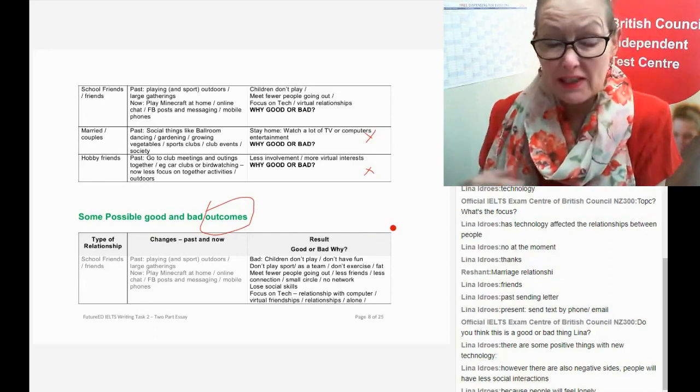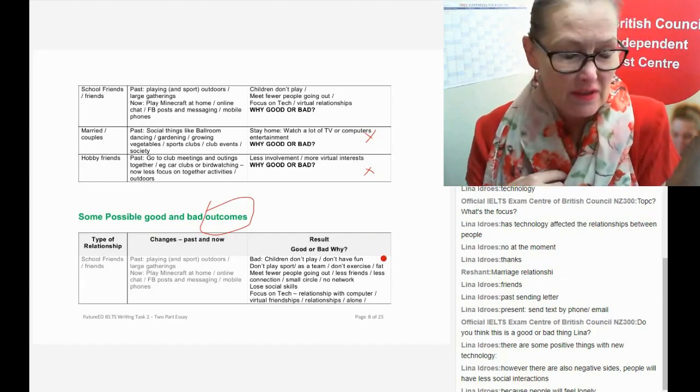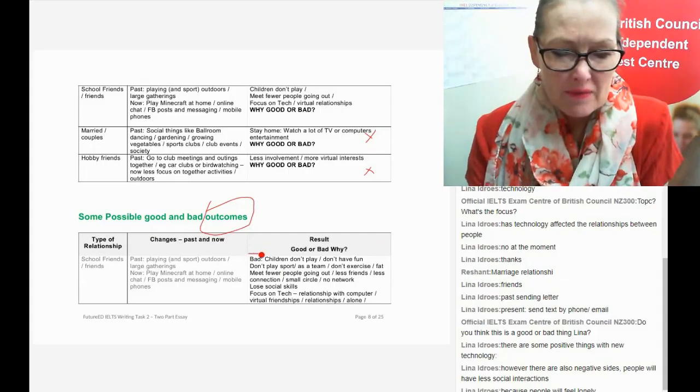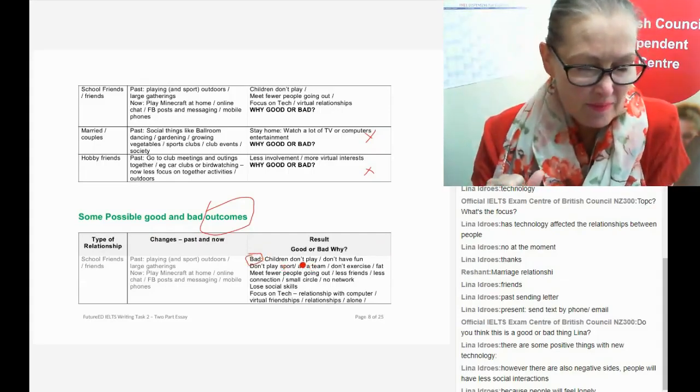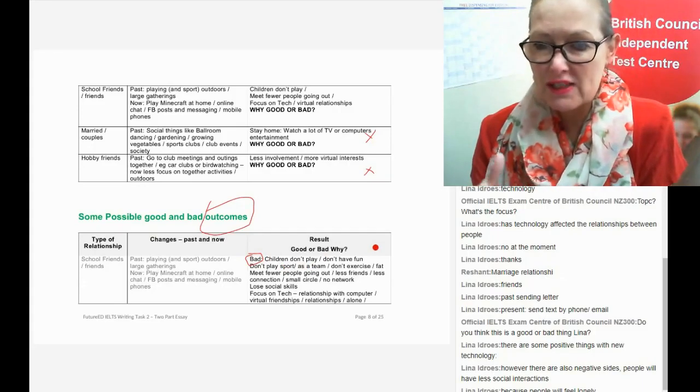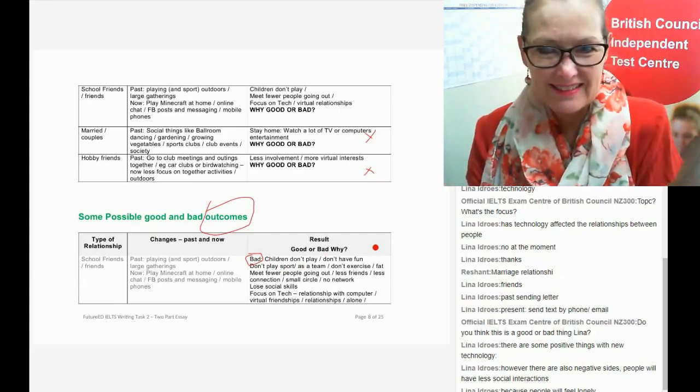Definitely, there will be less social interaction. And why is this a negative thing? Why is it negative to have less social interaction?